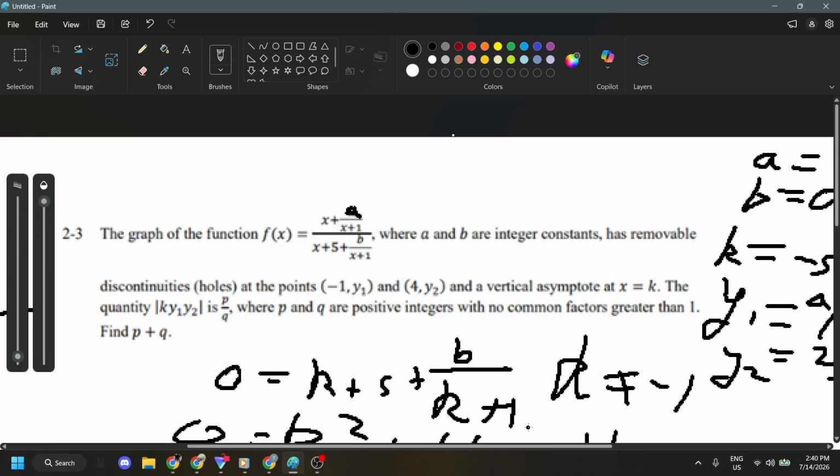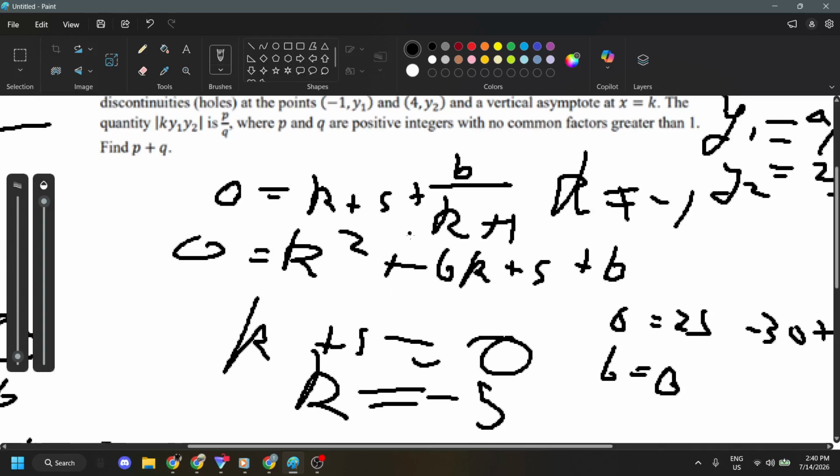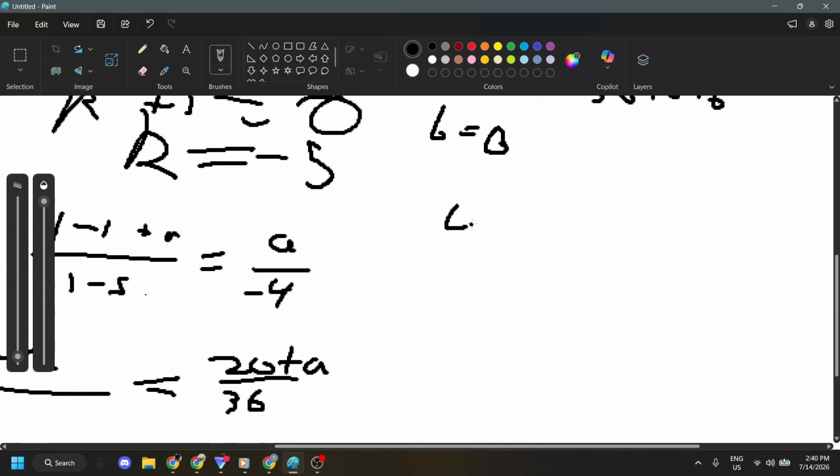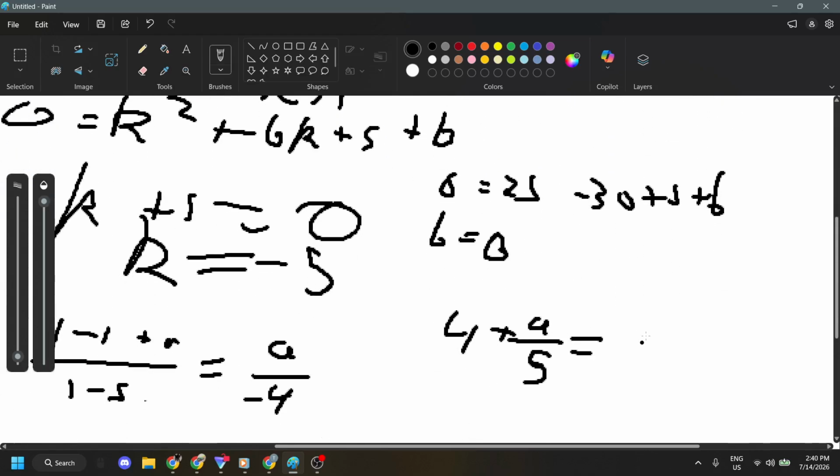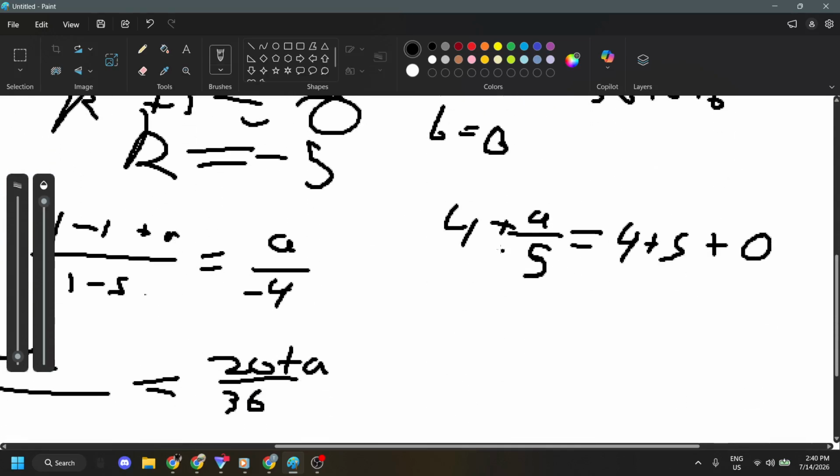Maybe it's where this equals this. I bet it's where this equals this. So we have 4 plus a over 5 is equal to like 4 plus 5 plus 0 because it's b over something. So then we get a is equal to, that's 9 minus 4 is 5 is 25.